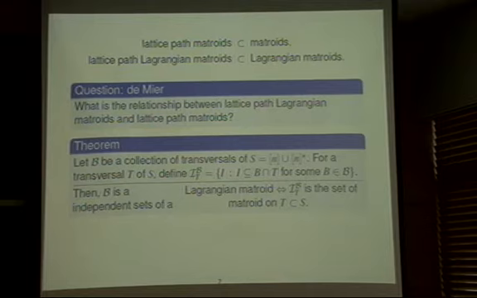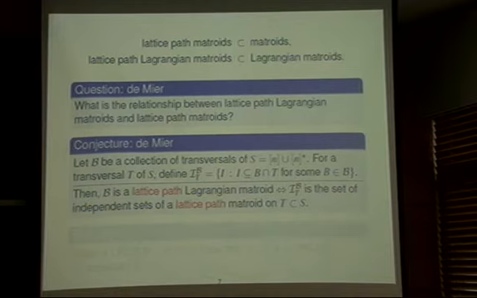So the natural question to ask, of course, is, well, fill in this little gap here, right? So the conjecture is, does the same relationship hold for lattice path matroids and lattice path Lagrangian matroids? This conjecture came about not only out of blind guessing, but Demir had done some calculations to show that in certain cases, this forward direction seemed to be true.